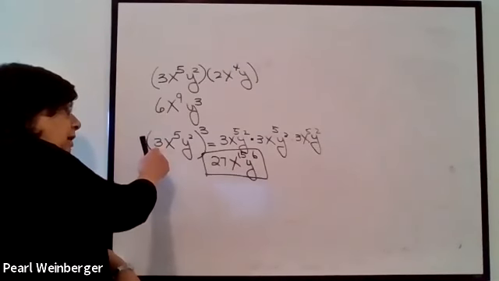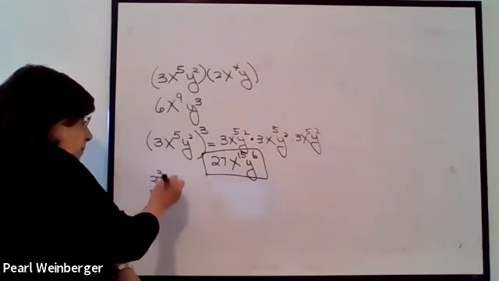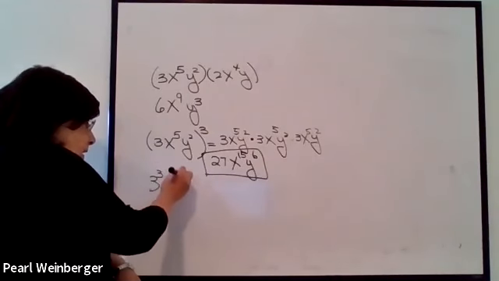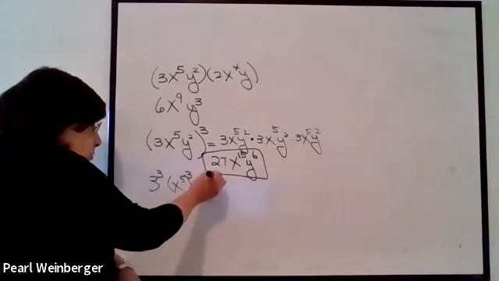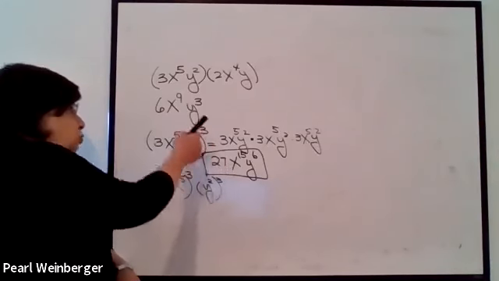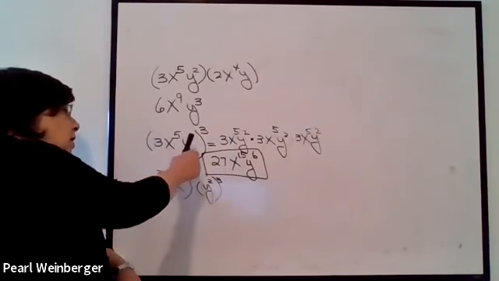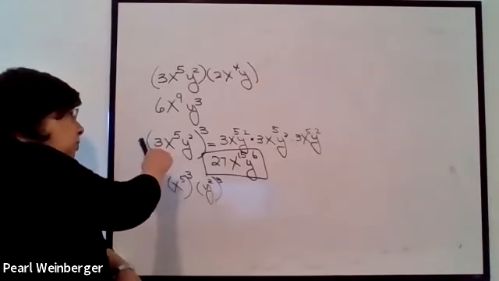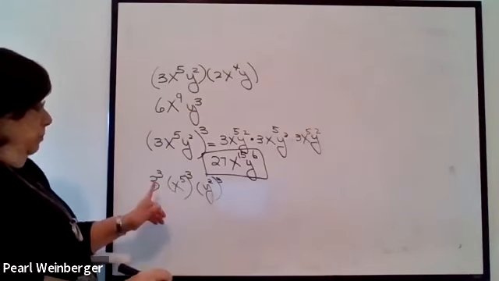In other words, I'm going to have to do 3 to the 3rd power, x to the 5th to the 3rd power, and y squared to the 3rd power. Each one of these factors of this monomial is being raised to the exponent of 3.